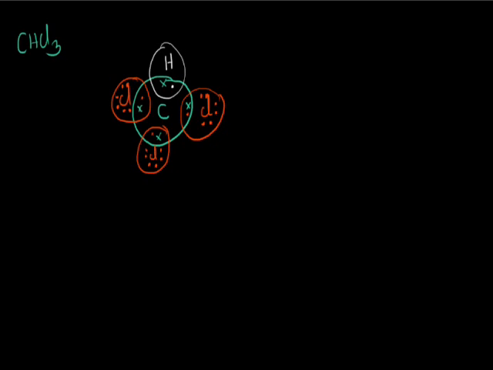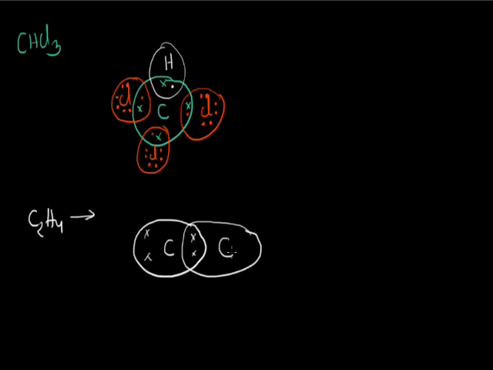Similarly, we can represent the ethylene molecule, that is C2H4. Here we take 2 carbon atoms. The first carbon atom has 4 valence electrons: 1, 2, 3, 4. The second carbon atom again has 4 valence electrons: 1, 2, 3 and 4.